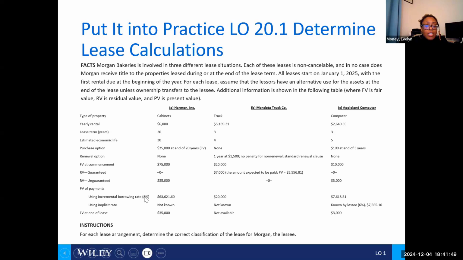So I have to use the rate of 8%, the incremental borrowing rate. So when I multiply that by my factor, it's already been done for me. I get that 63 and some change, and I see that this test has not been met. So for this first leasing arrangement, this is an operating lease. It's not a finance lease. I didn't meet any of the criteria.